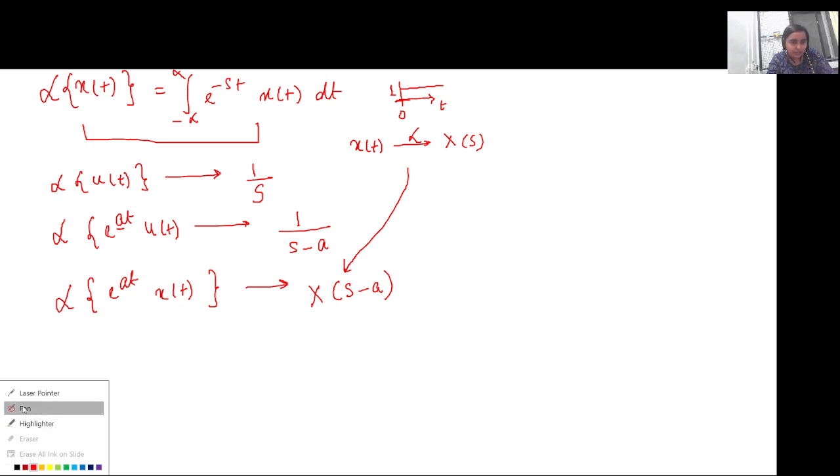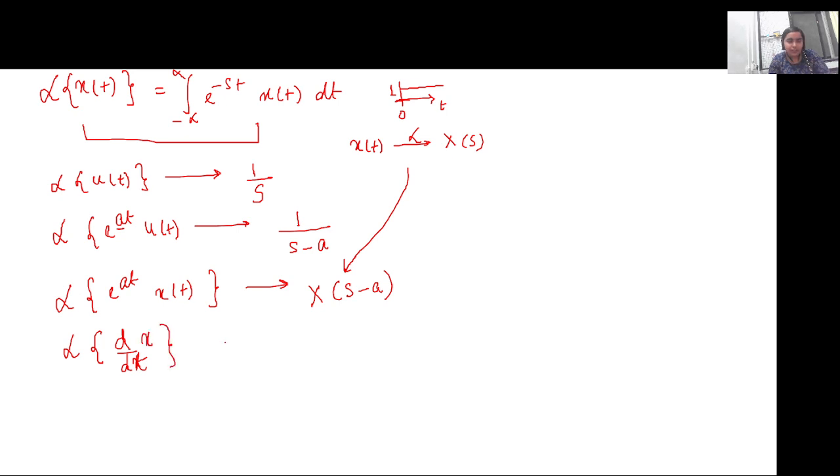A few other ones are like the Laplace transform of the differential of a particular function, dx by dt. It can be written in terms of s into x of s minus the initial condition x of 0.